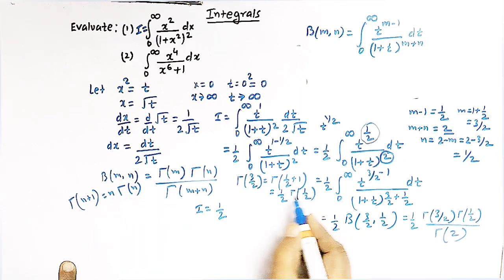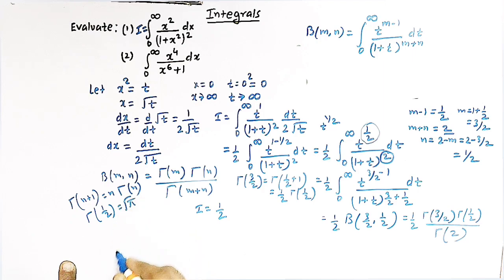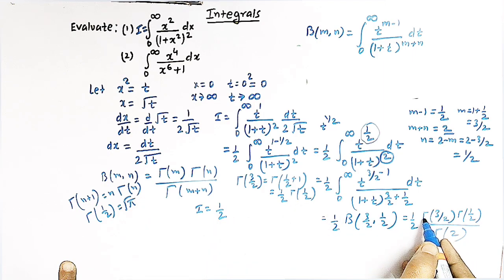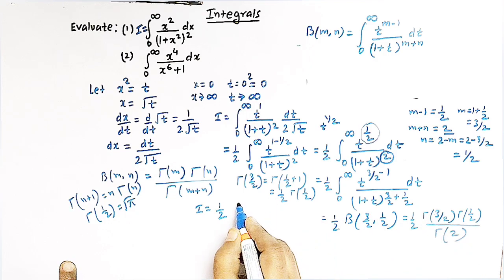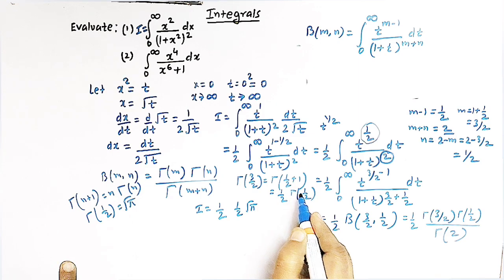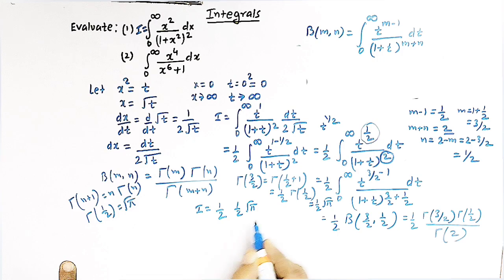So now gamma half is equal to square root of pi. So now we can write half, and here gamma 3 by 2 is half times square root of pi, because gamma 3 by 2 is half times gamma half, that is half root pi.